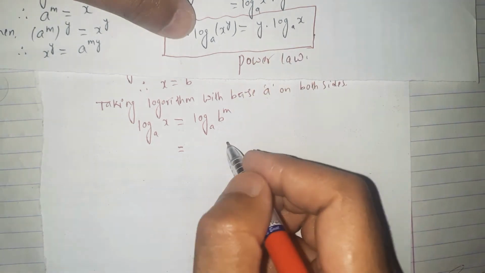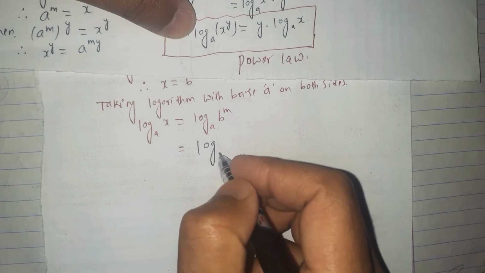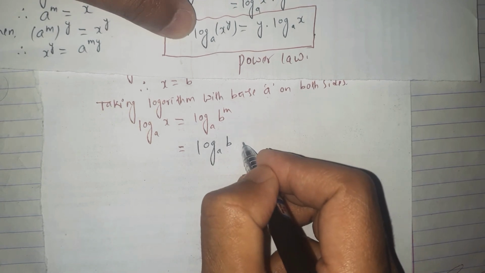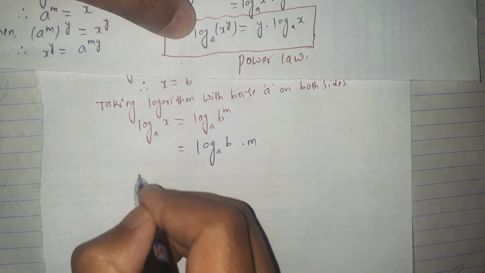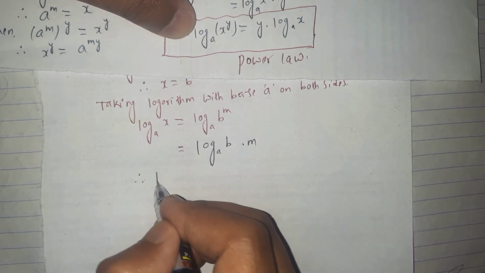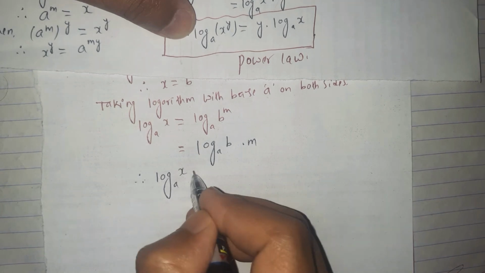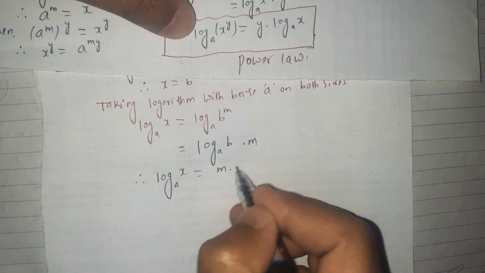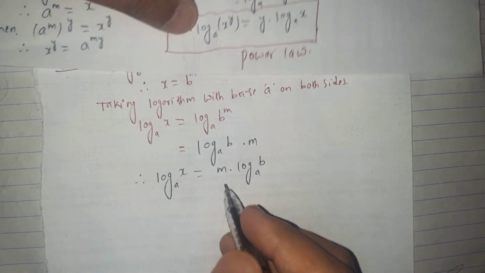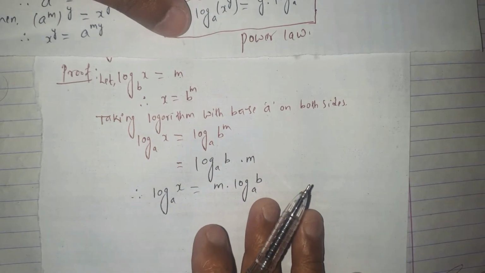By using the same concept, this can be written as m times log of b with base a. Therefore, we got the value of log of x with base a as m times log of b with base a, and here m is supposed to be the log of x with base b.